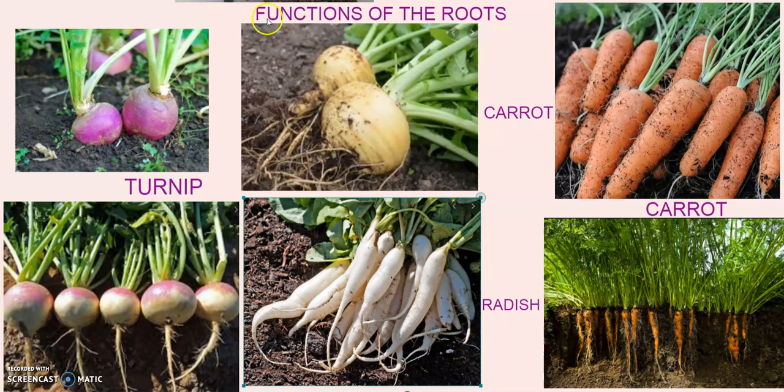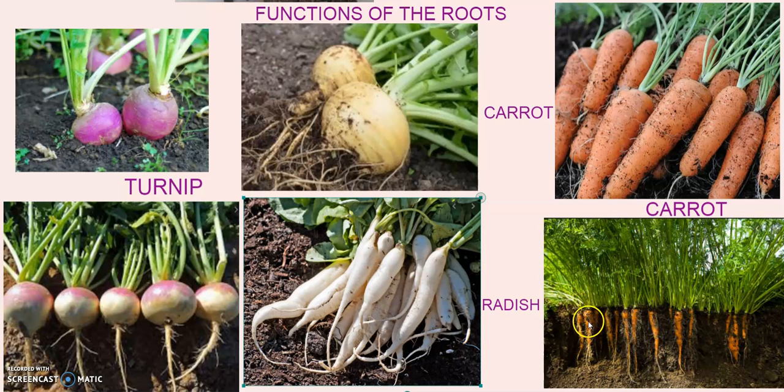Let's see the functions of the roots. What are all these? Yes, you will see here, these are roots. This is the root of a turnip, and this is also the root of a turnip plant, and these are the roots of a carrot plant. Are these carrot plants?